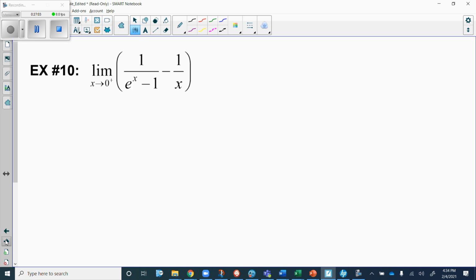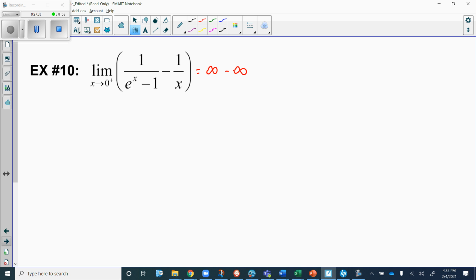Straight away, if we substitute 0 into the expression here, we're going to wind up with infinity minus infinity. Now, taking a look at the expressions, in this case I'm going to rewrite it as a quotient.